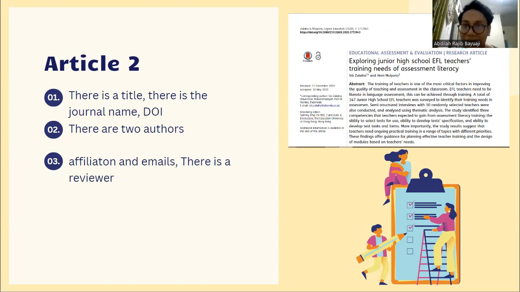This article is from Cogent Education Journal. There is also the volume of the journal and the issue. You can see from the upper left corner. There is also the DOI. It means that this is actually published and recognized and has its own serial number. And there is also the publishing date.